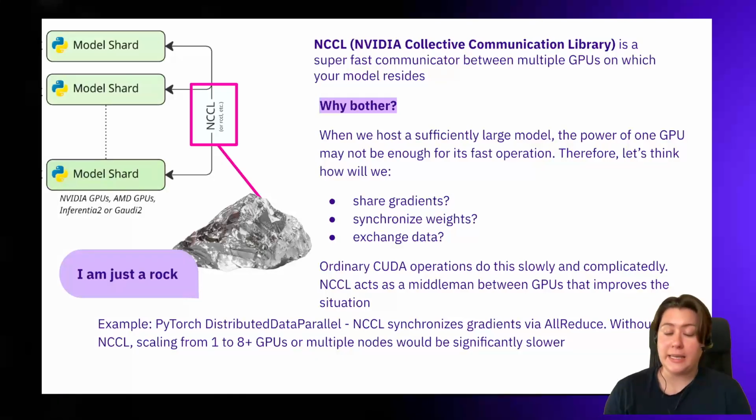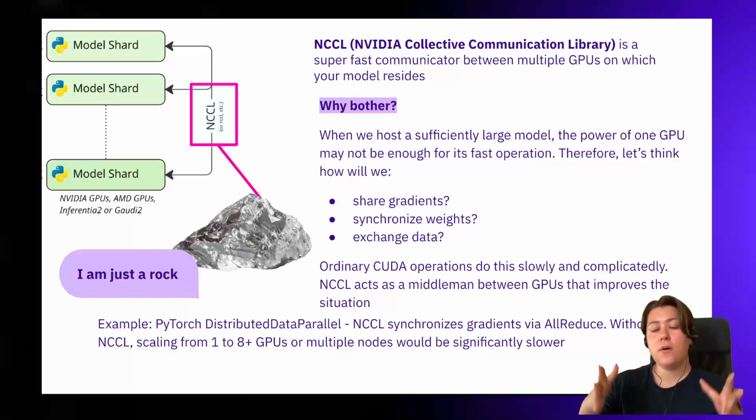But what about NCCL? Because I talked about it and talked about it. Basically, NCCL is the NVIDIA Collective Communication Library, and it can be explained as a super fast communicator between multiple GPUs. Why do we need it, and why should we bother thinking about it? Well, let's imagine that our fancy model is quite huge, and with most models we don't even need to imagine.